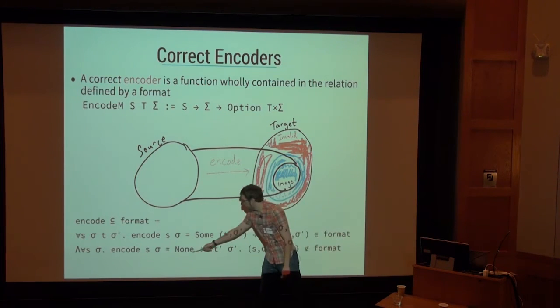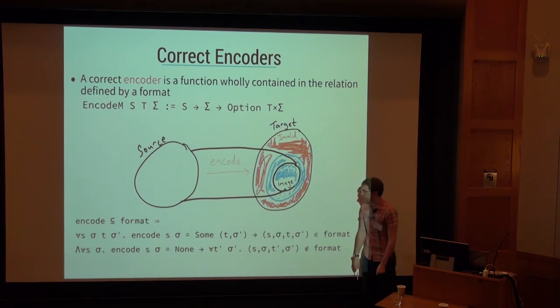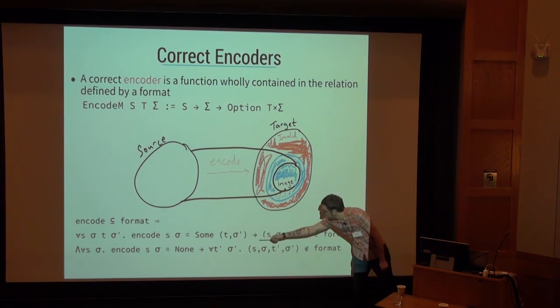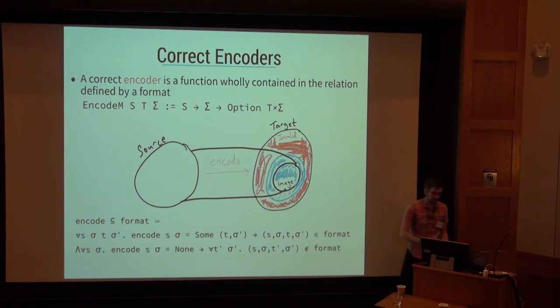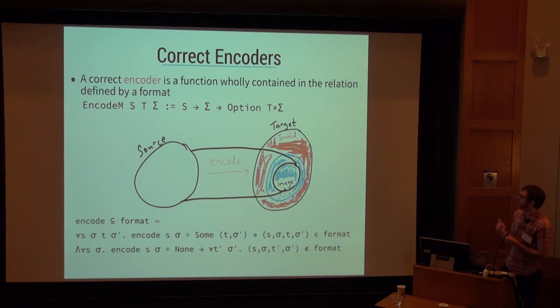And if you encode something and it maps to None, then it must be the case that there are no valid target values that are included in the format. So pretty intuitive specification of encoder correctness here.